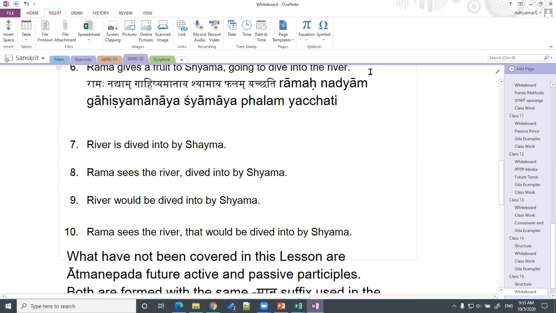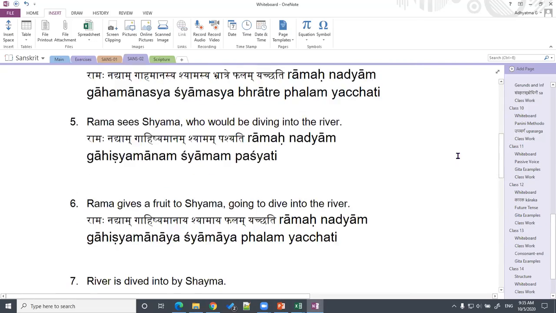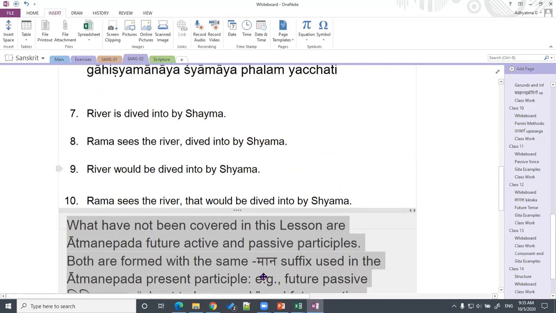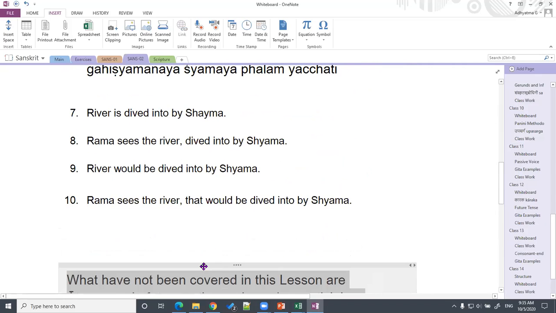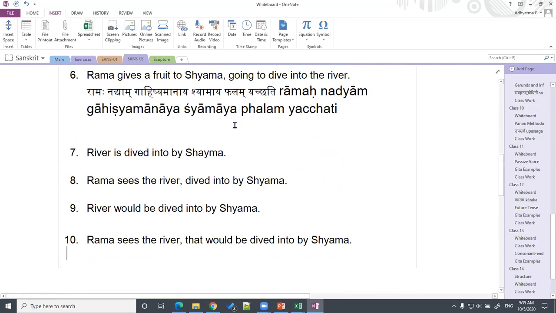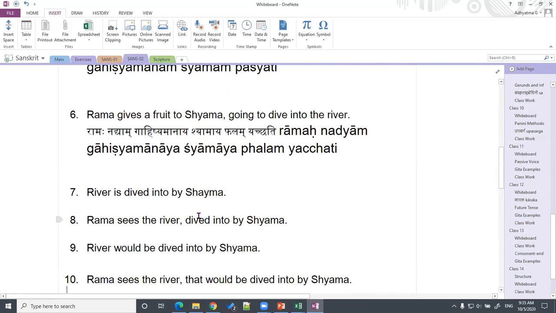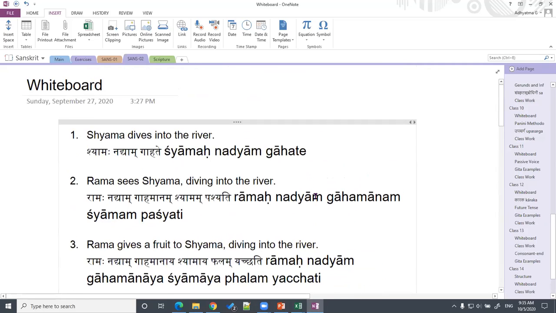Now the next sentences are passive voice. So now here we see river is dived into by Shyama. So remember what was our first sentence?